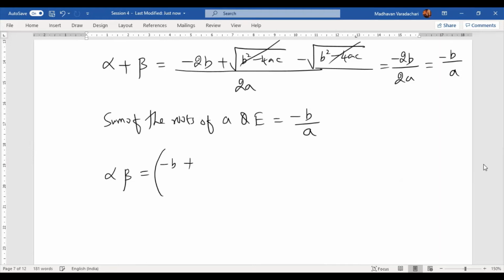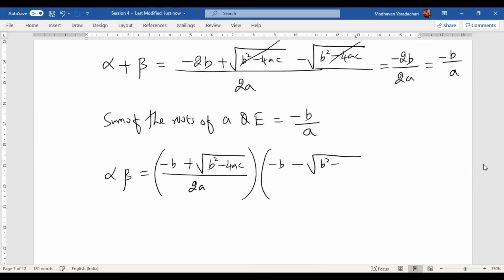Minus b plus root of b square minus 4ac by 2a, multiplied by minus b minus root of b square minus 4ac by 2a. Now, the denominator, 2a into 2a, will become 4a square. That is the denominator.